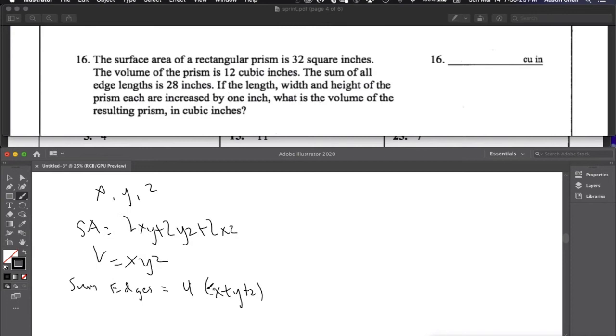So now we want to combine these into an expression. If we look, the question itself is asking: if the length, width, and height of the prism each are increased by 1 inch, what is the volume of the resulting prism? So that's basically x plus 1 times y plus 1 times z plus 1.